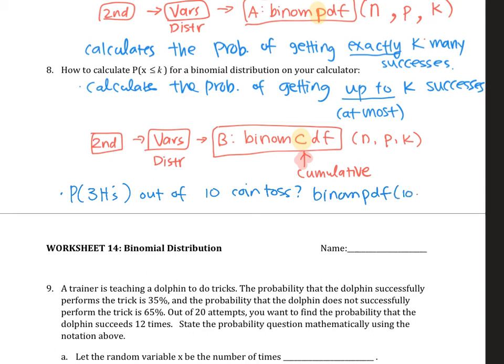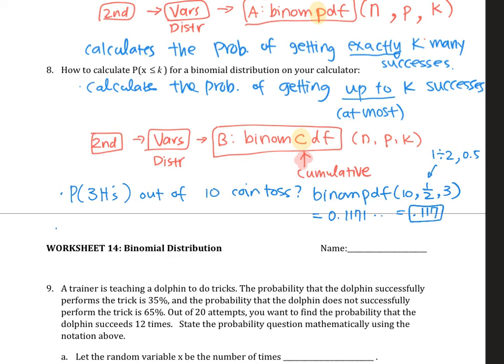I'll put 10, that's my N, 1/2, that's my P, and then 3, that's my K. When I calculate this out, the calculator will give you 0.1171 and so on. I can do 3 digits, so about 11.7%. Here I could have typed in 1 divided by 2, or I could have just typed in 0.5. It would have given you the exact same answer.